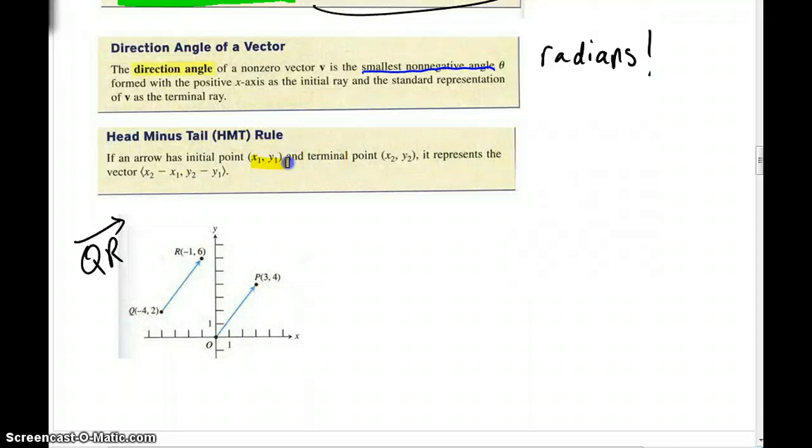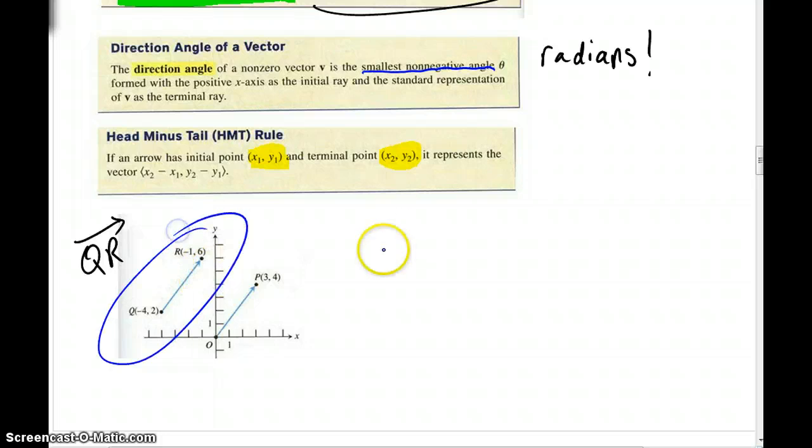It says, look, take your coordinates and simply subtract them. Take x2 minus x1, y2 minus y1. So if I'd like to use head minus tail for this vector here, for my x, it would be -1 minus -4. That's your x2 minus x1.